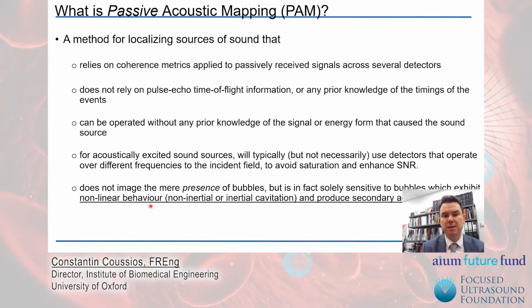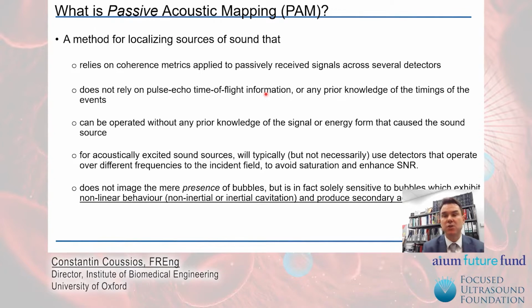Well, it is a method for localizing sources of sound that relies on coherence metrics applied to passively received signals across several detectors. And this is very important. It is fundamentally different to pulse echo imaging, in the same way that a bat uses a very different way to detect a signal than the human ear knows how to localize a source.